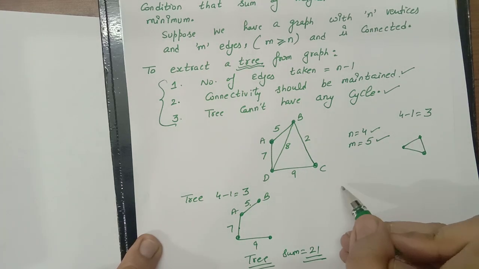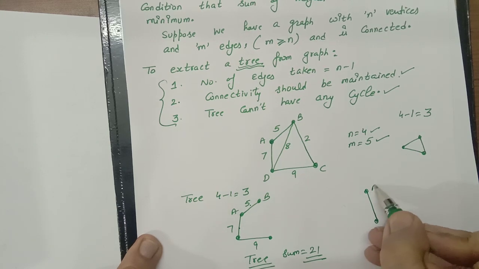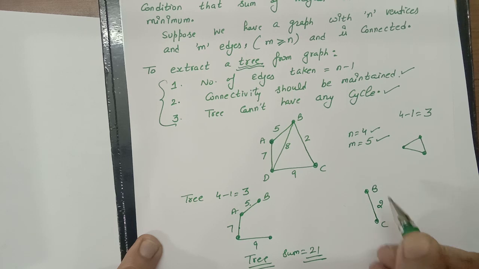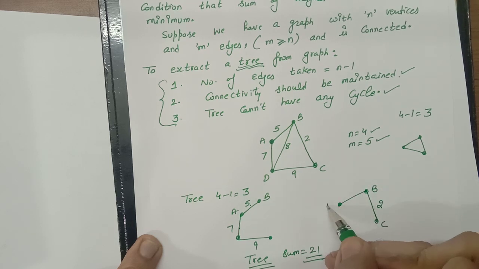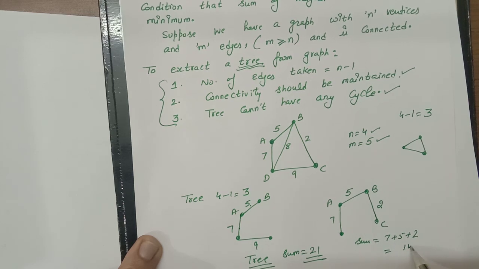There may be some other case, like if I take BC, BC is 2, then I take AB, which is 5, and third is AD, 7. Now the sum of weights is 7 plus 5 plus 2, that is 14, which is very much less than 21. So this tree has weight which is less than 21.